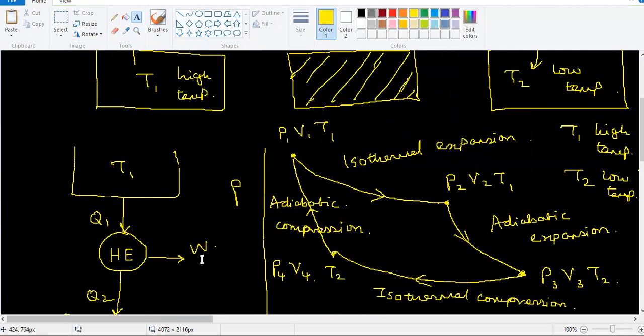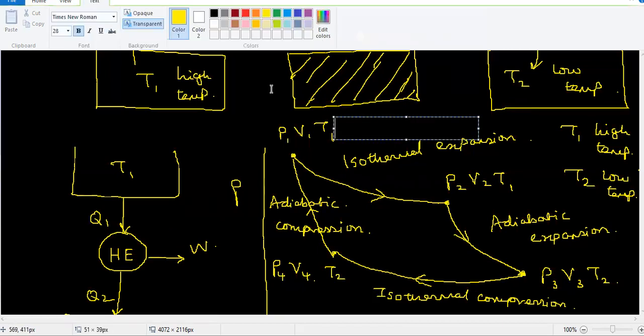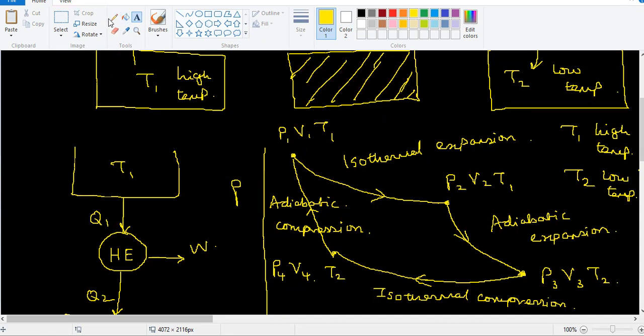So here, this is your Q1 going in, heat going in. You see this is Q1. Here it is Q2 going out.